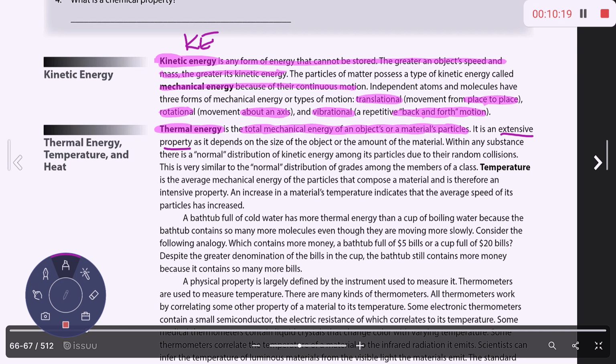Temperature would be the average kinetic energy or average mechanical energy of particles that make up a sample. This is an intensive property. And then if I increase the temperature, you know that the speed of the particles is increasing in a sample of matter. And then I think that's it for that page. Let's go to the next page.